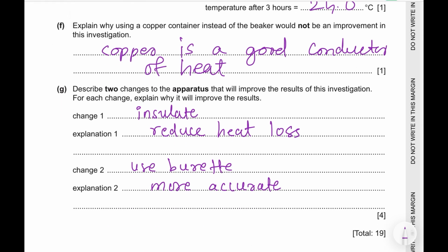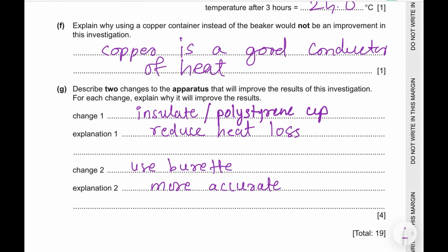Describe 2 changes to the apparatus that will improve the results of this investigation. One thing we have to always remember, whenever we are performing any temperature change type of experiments, we have to use an insulator, or it can be a polystyrene cup.